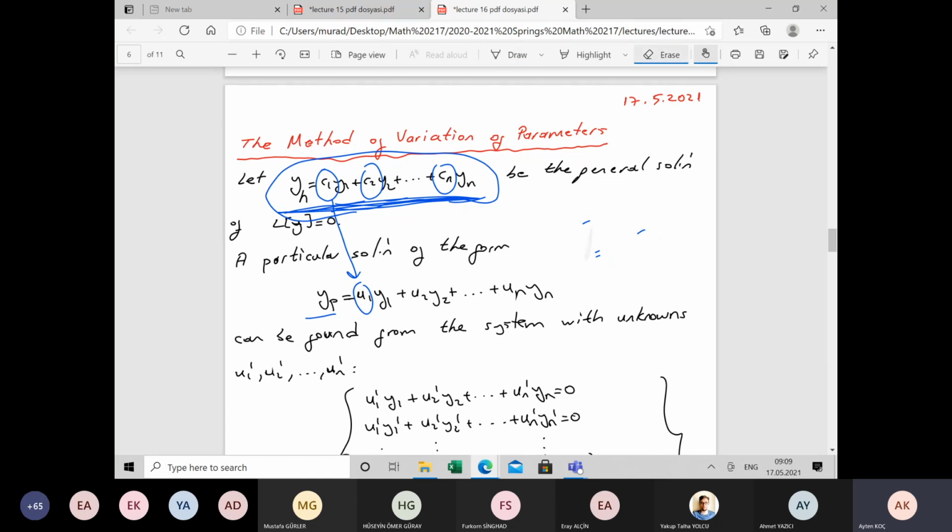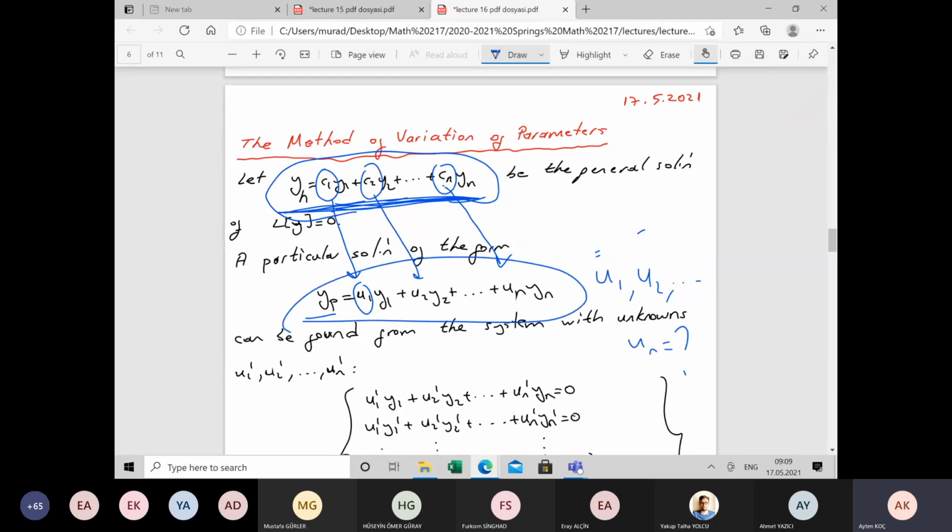So the form of the particular solution should be u1 y sub 1 plus u2 y sub 2 plus and so on, up to un y sub n. And our aim here is to find u1, u2, up to un.